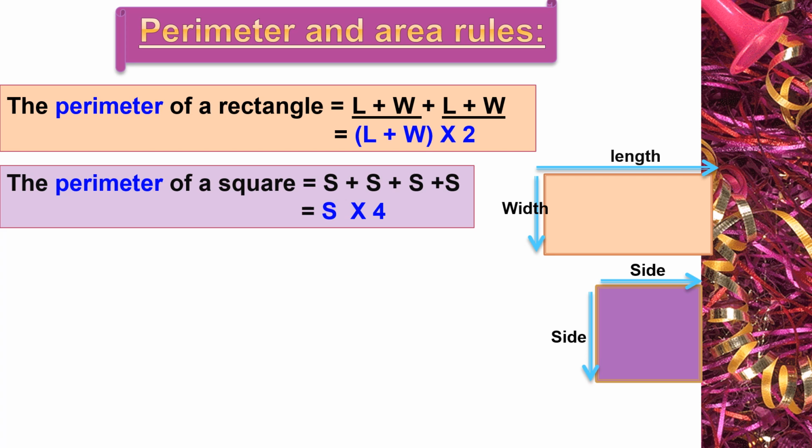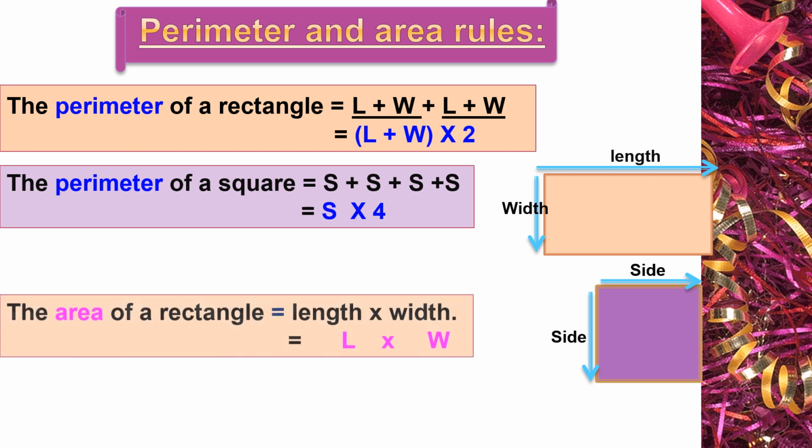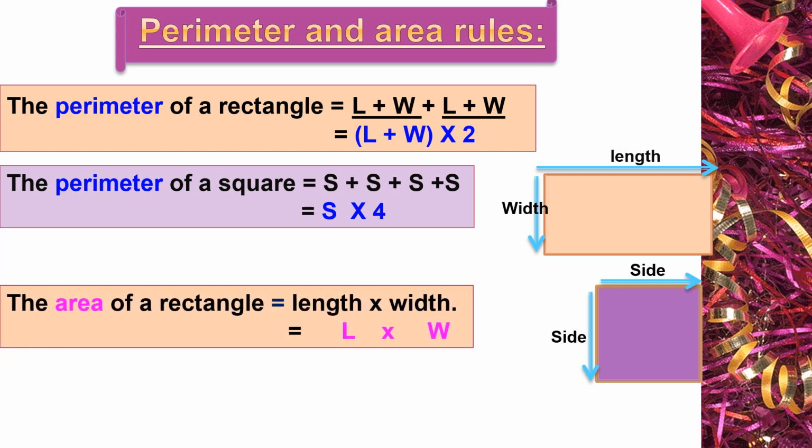But if I don't have rows or columns, the area of any rectangle will be length times width. We also studied it in the first term. We should memorize it very well. The area of a rectangle equals length times width.